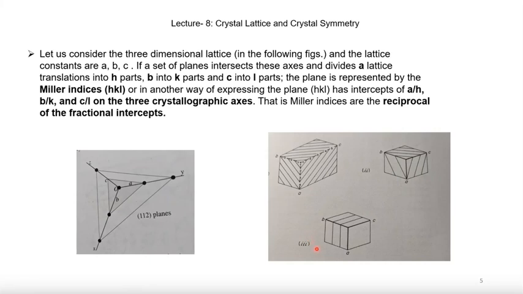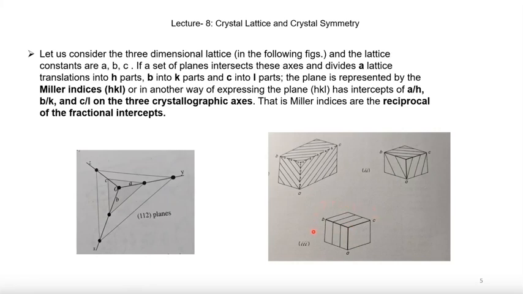If we go to this one, you can say that in the A direction there is no cut, and in the C direction there is no cut. But in the B direction, we see 3 cuts. So this is 0, 3, 0.